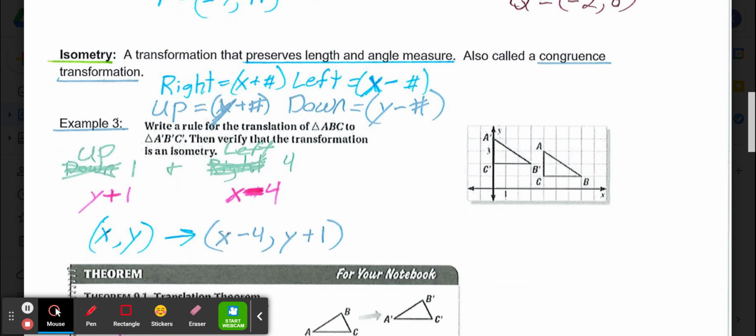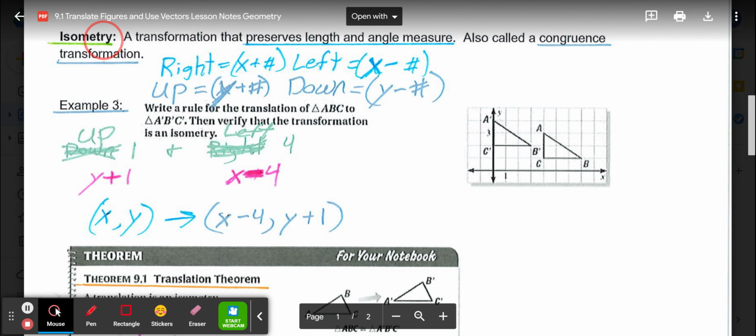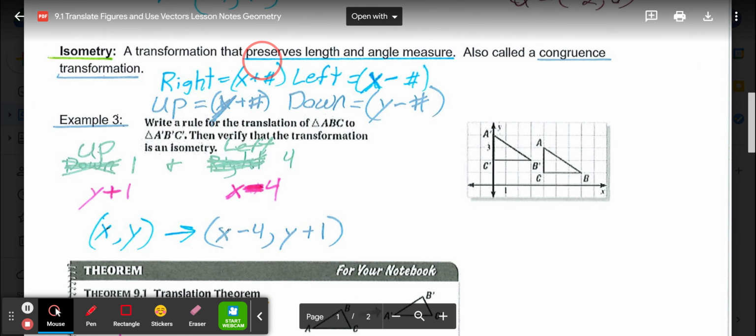Then we get into a special type of transformation known as an isometry. An isometry is a transformation that preserves all lengths and all angle measures. In other words, we can call it a congruence transformation, because in any isometry, the pre-image and the image are congruent.